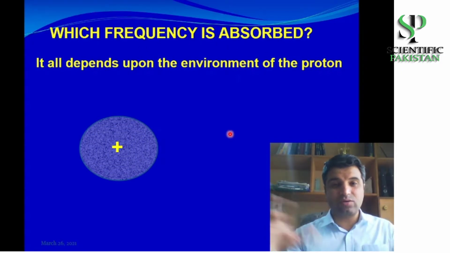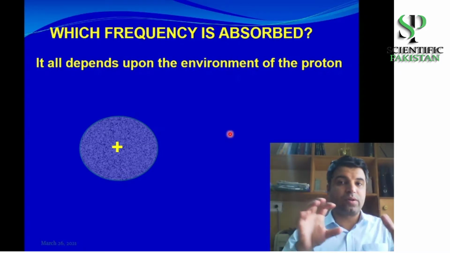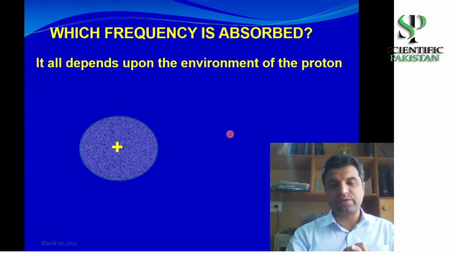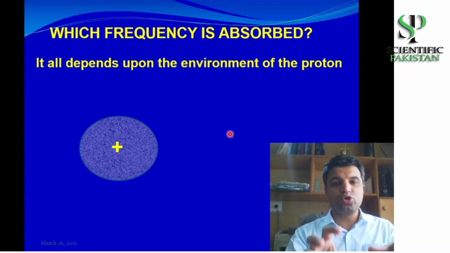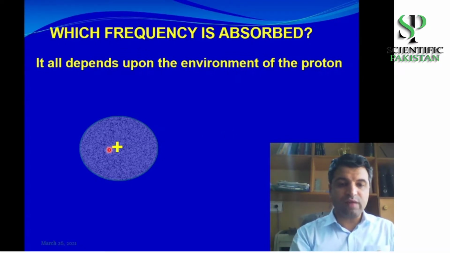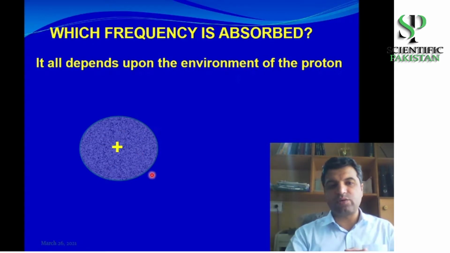So there is an electron cloud or electron sea around this proton, depending upon the type of atoms that are present. We will discuss that in the next lecture, not here, but this is just to show you the mechanism, how it happens. So we have this nucleus here. It has an electron cloud or electron sea around it.